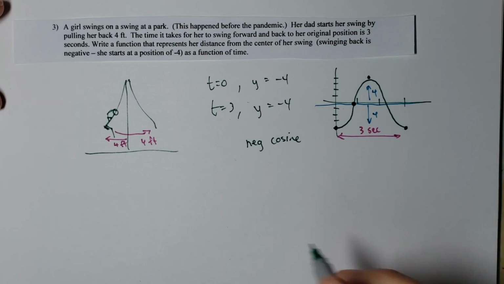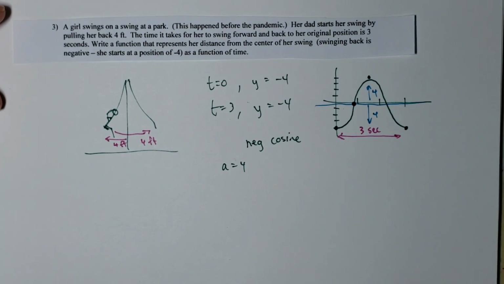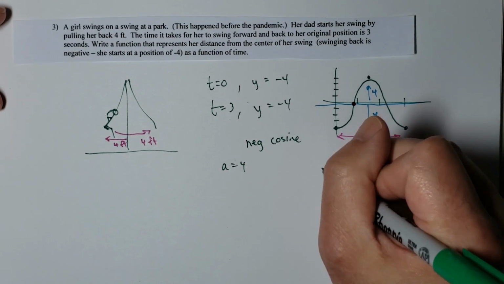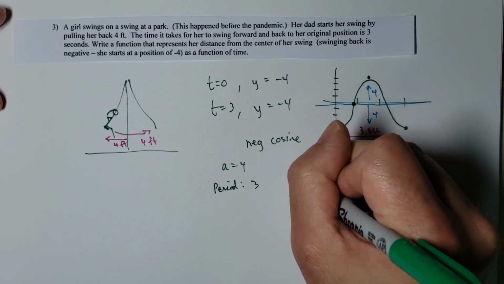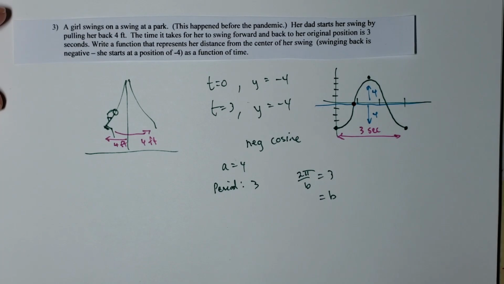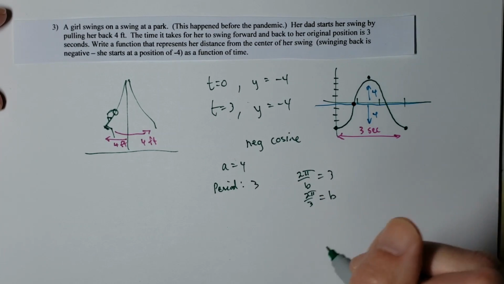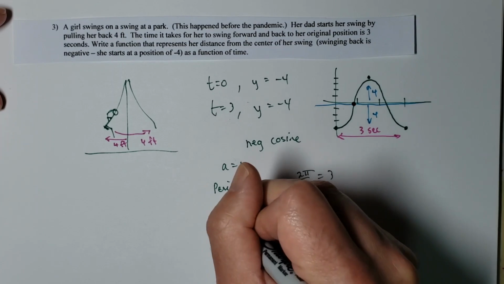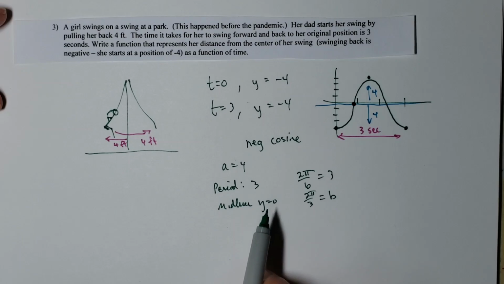And so we have that our A is going to be 4 because our amplitude is 4. Our period is 3 seconds, and 2 pi over b equals 3 means that b is going to equal 2 pi over 3. And then our midline was y equals 0. And again, make sure you say y equals for the midline.